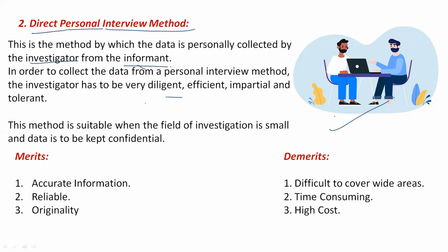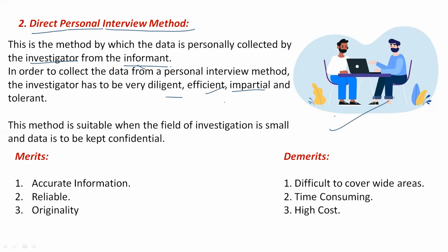He has to be very friendly, and he should not hurt the sentiments of the other person. The other person should not feel uncomfortable providing information to him. He should be efficient, impartial and tolerant.